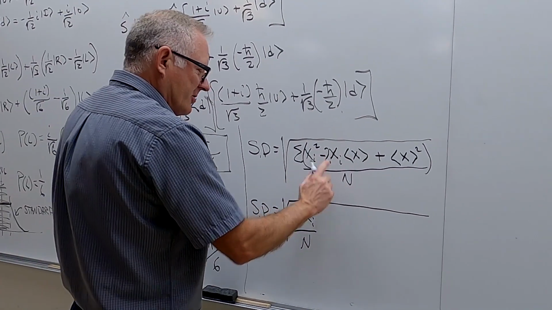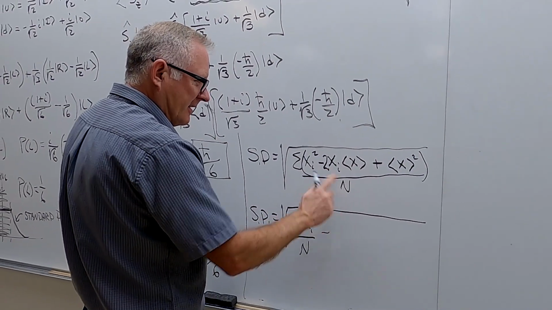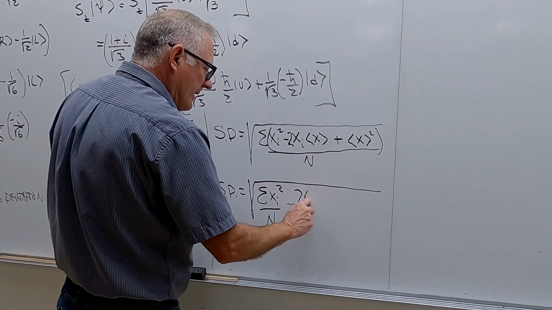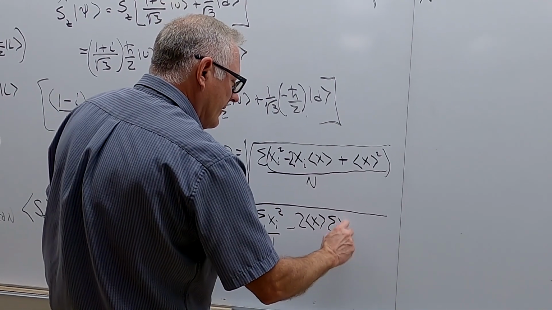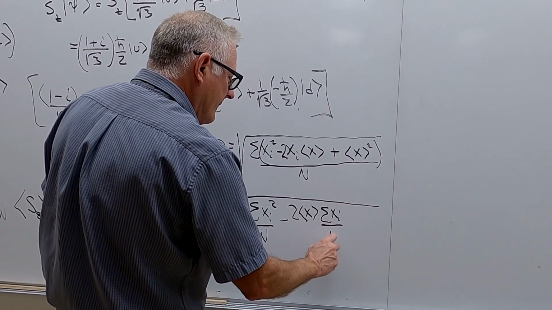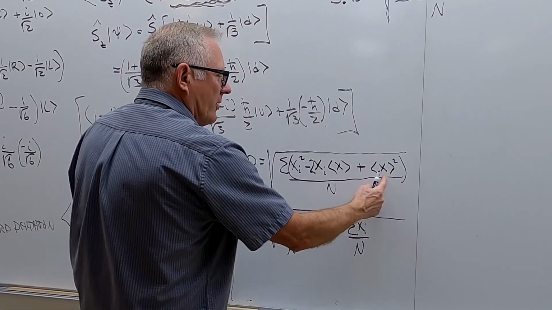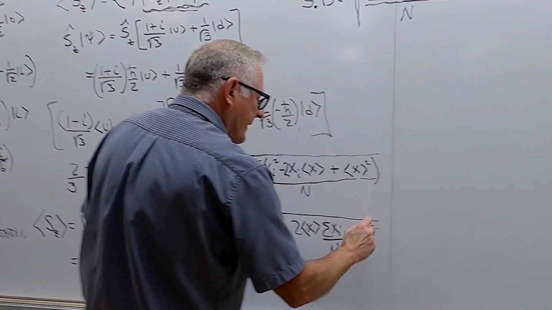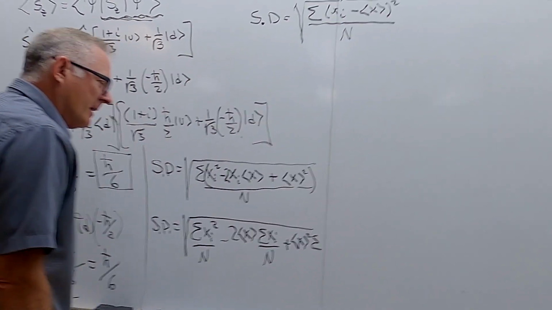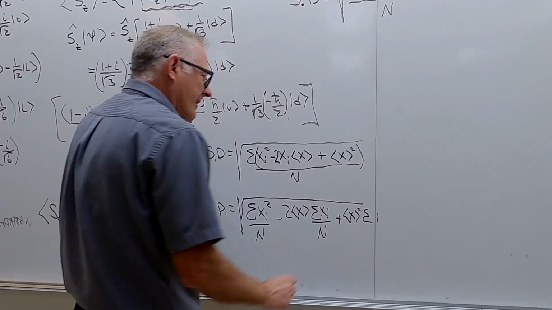And then the next term is minus, and I can pull out, that's a constant, minus 2 times the average of x, times the sum of x sub i over n. And then the last term, I can pull that out, so you've got plus the average of x squared, times the sum of, well, there's nothing left, the sum of 1, all over n.